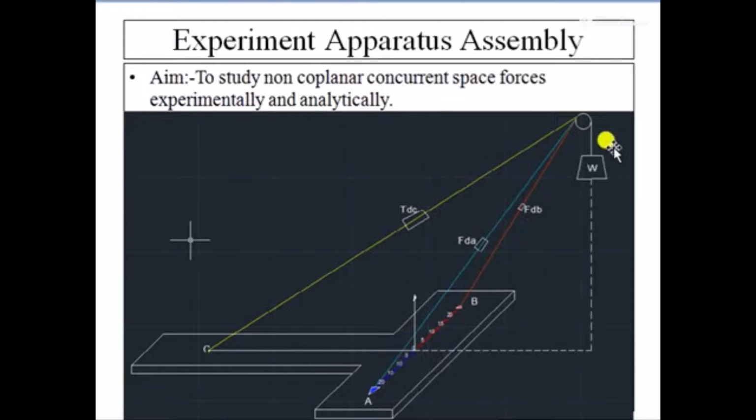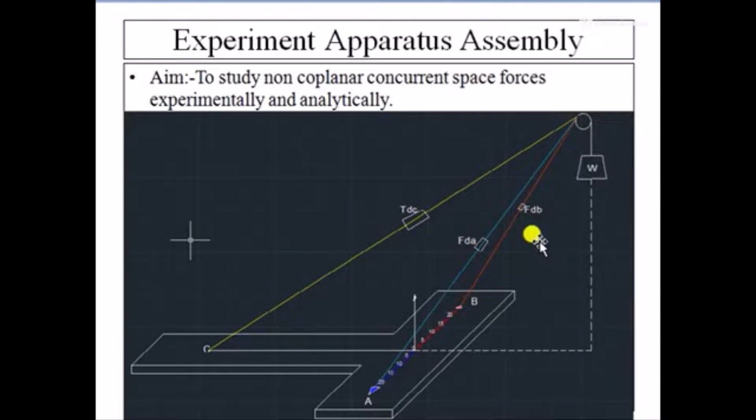We note down the distances for the respective weight, and we note down the tension or the force, which can be determined with the spring balances we have attached to each of the bars. You can see this smaller rectangular white shape. This is the spring balance, which gives you the value of force in that particular bar when we apply the weight.